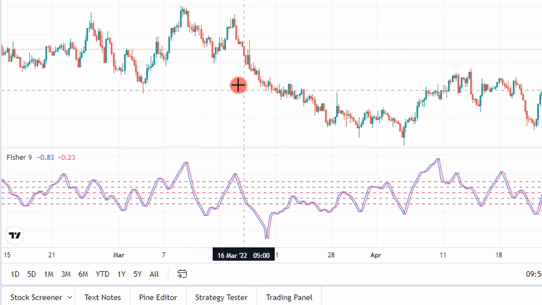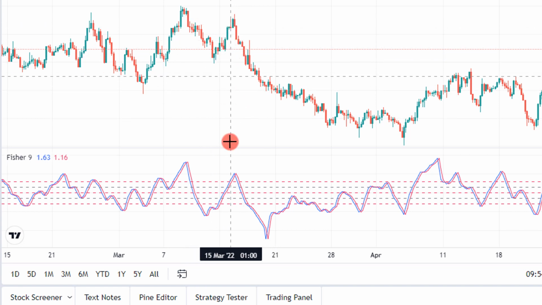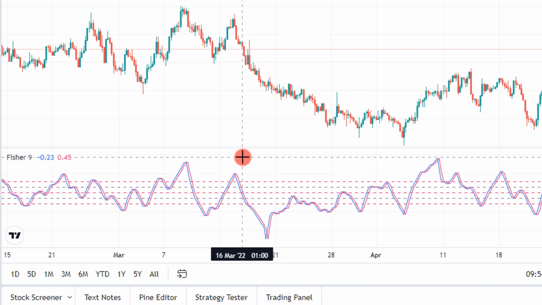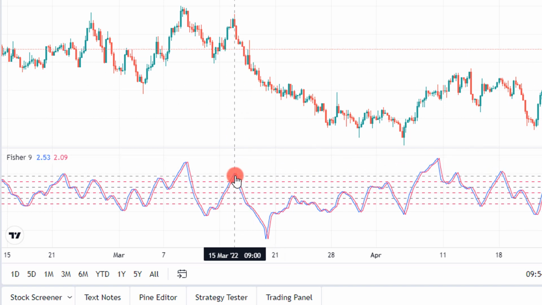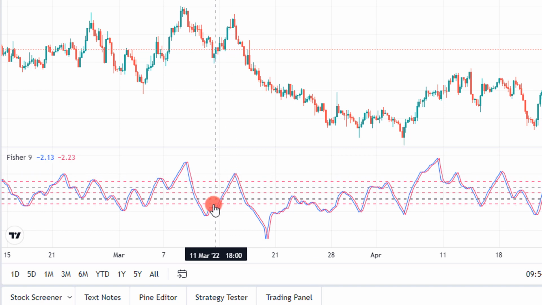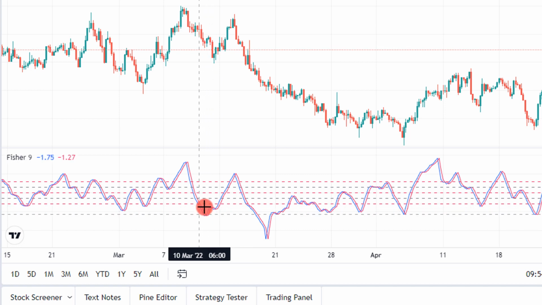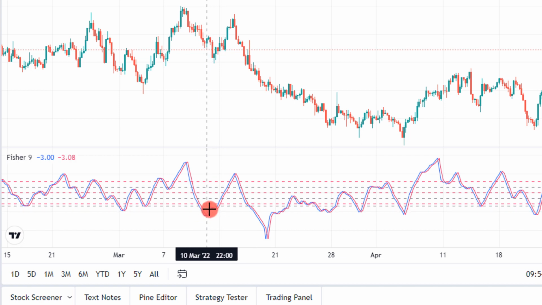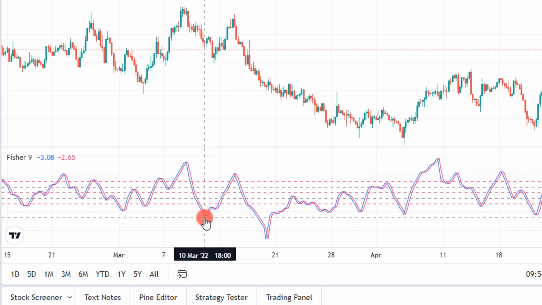You will wait when these two lines cross the last horizontal line as they go down, and whenever you see the Fisher line, the blue line, crossing the red line and going upward, then it's time to take a buy entry. I say again, when the Fisher line comes down, crosses the trigger line and goes up, you will take a buy entry.